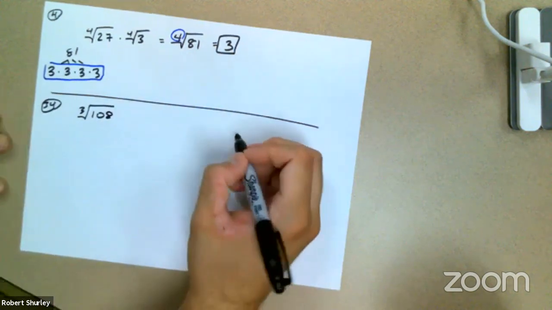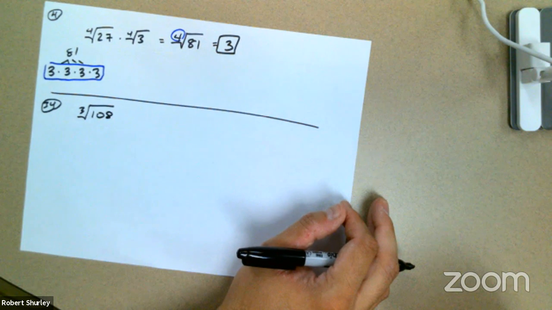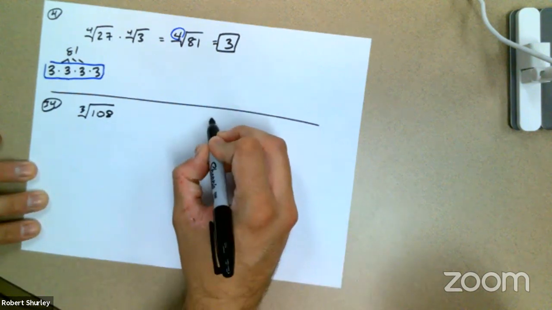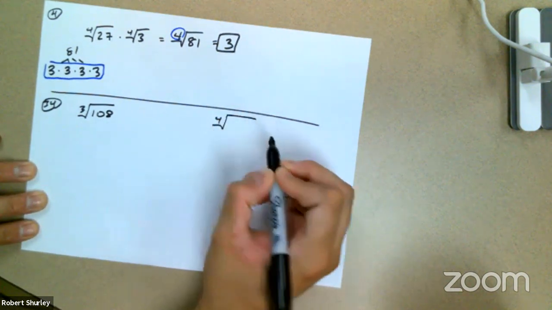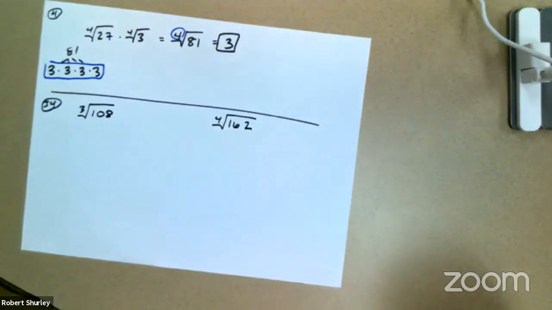Try that one. And then, jumps into numbers, which is fine, or variables, but let's do the 4th root. I'm making this one up. So the fourth root of 162. So try those two, the cube root of 108 and the fourth root of 162.